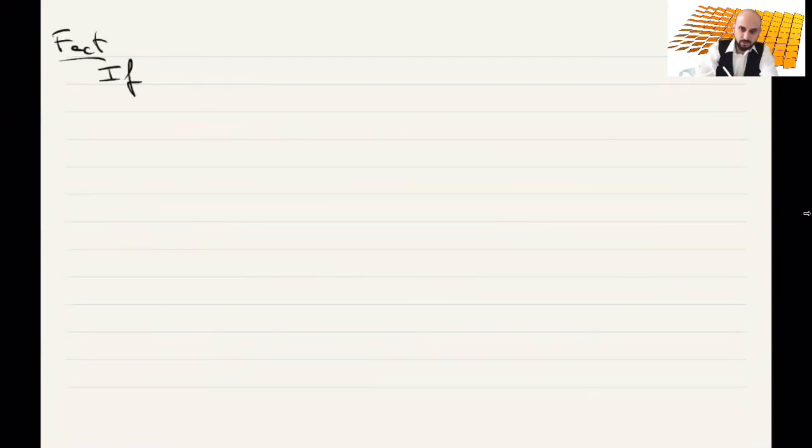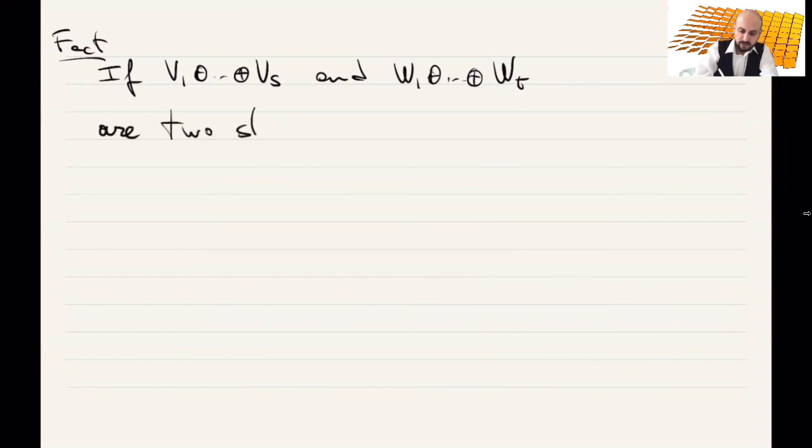So if you have V1, up to Vs, and W1, up to Wt, a priori might be a different step. S might be different than T. Let's suppose that these are two stratifications of the same stratifiable Lie algebra.